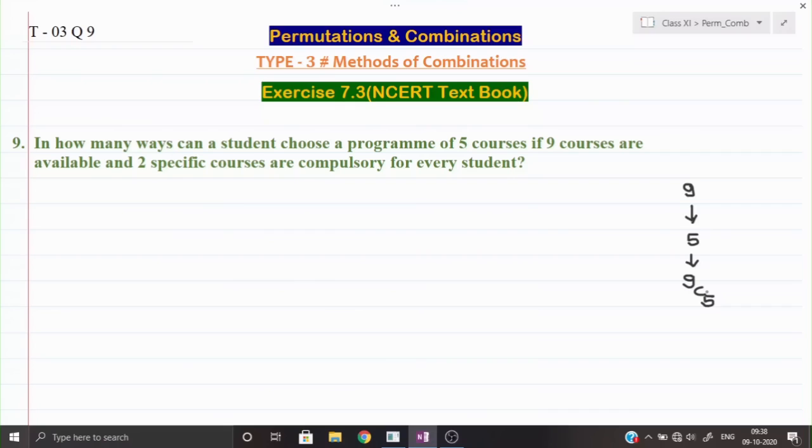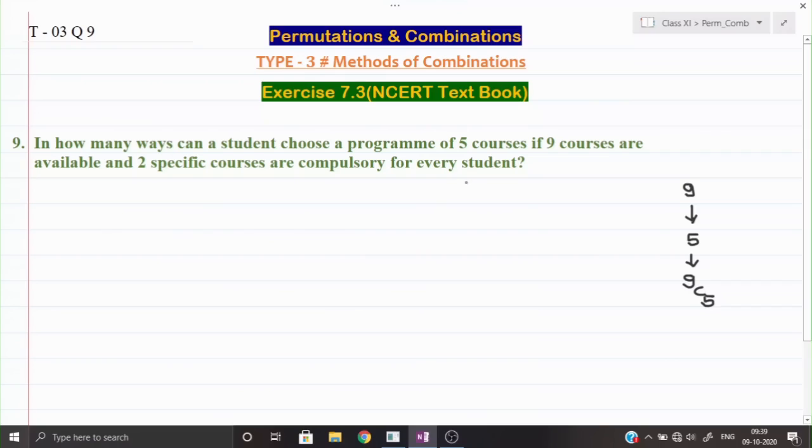For example, if you are selecting the science stream, in science we can say that physics and chemistry, these 2 subjects are compulsory, while for mathematics and biology, you are selecting whether we need to go for maths or we need to go with biology. So here the same thing they are saying to us, the 2 courses are compulsorily given to each and every student.